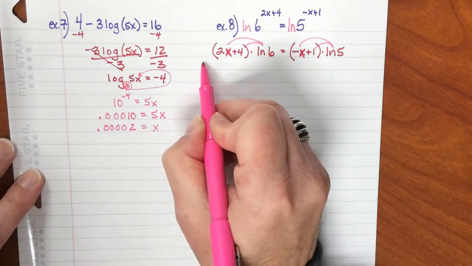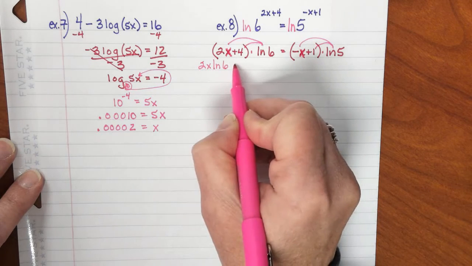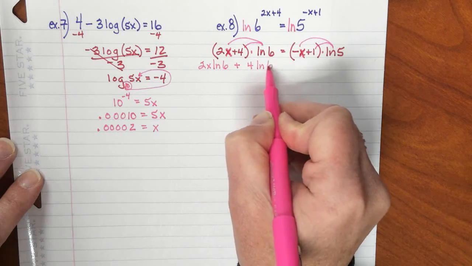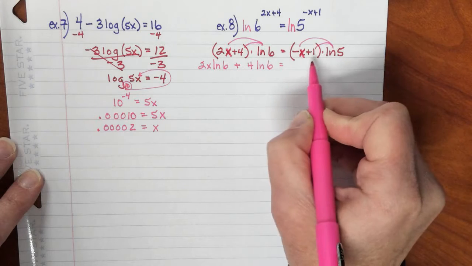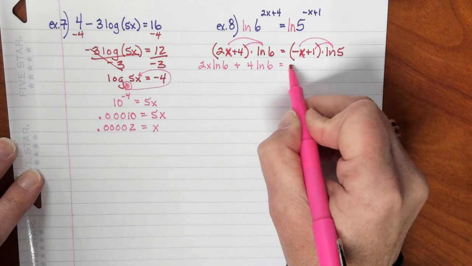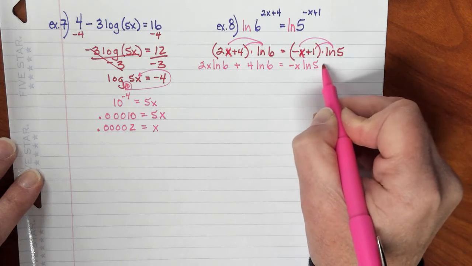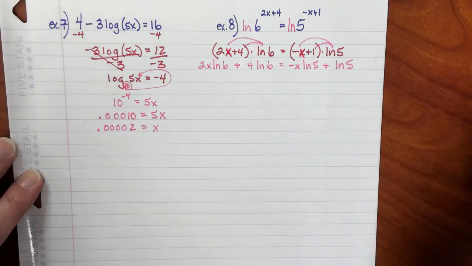That would give me 2x natural log of 6 plus 4 natural log of 6. Remember that 4 can go up, that's really 6 to the 4th power. Here, this becomes negative x times natural log of 5 plus natural log of 5 times 1.